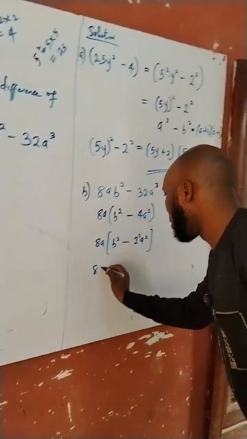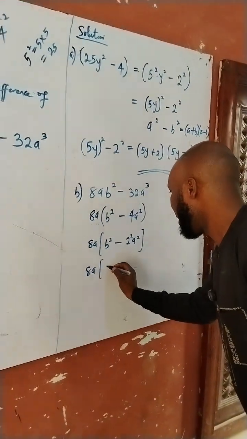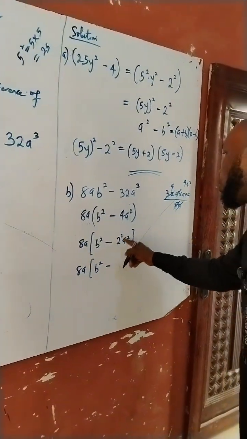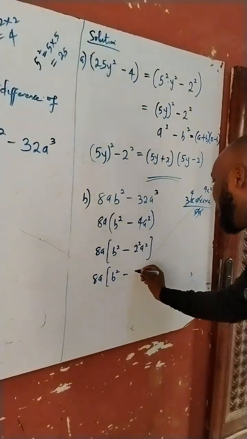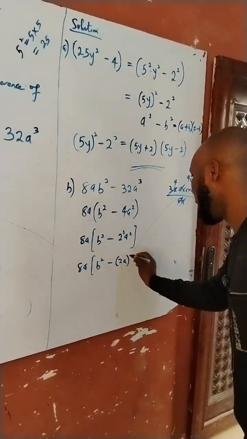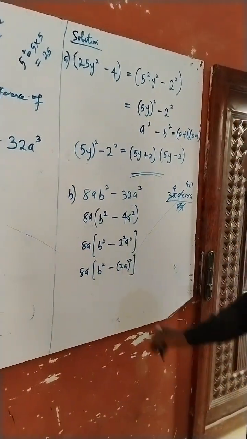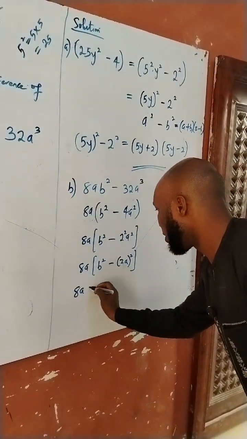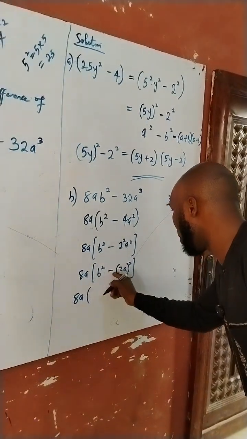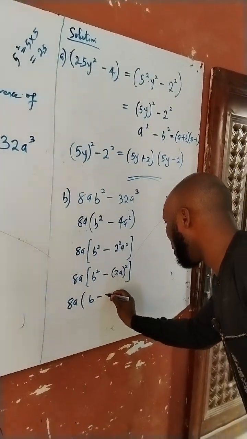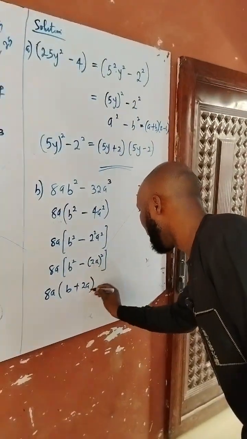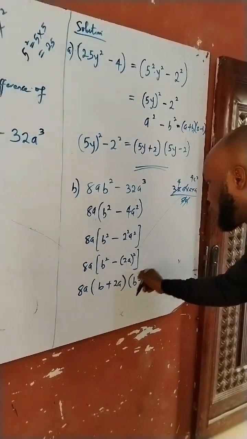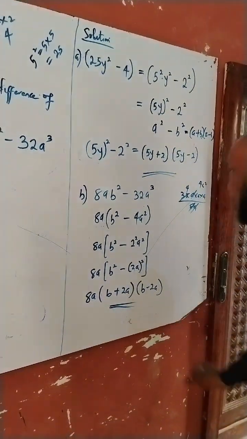So I continue. 8a, this becomes b square minus 2 square, and the square is common to 2 and a, so I open a bracket, 2a square. So this becomes a difference of 2 square now. So 8a now will be open bracket, b plus 2a, close bracket again, b minus 2a, because this is now difference of 2 square. So this is our final answer.